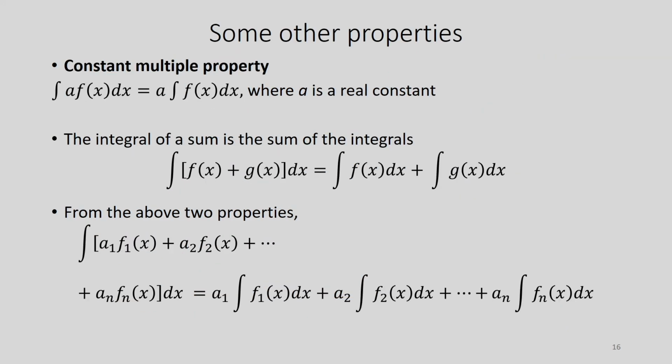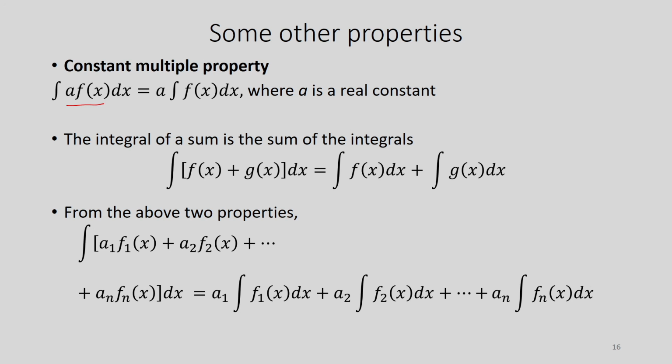Some other properties, what is known as the constant multiple property. So, here what is there in the integrand? You have a constant, small a, multiplied by a function of x, which is f(x). So, if that is the integrand, then I can write this simply as a multiplied by the integration of f(x) dx, where a is a real constant.